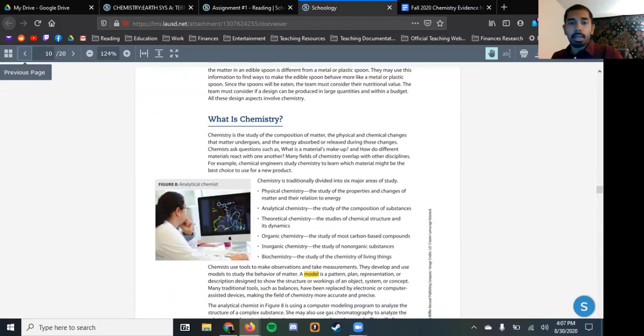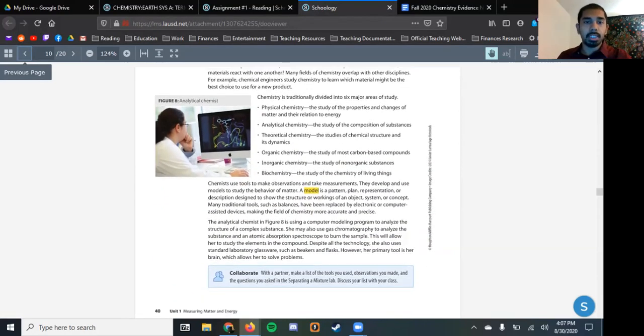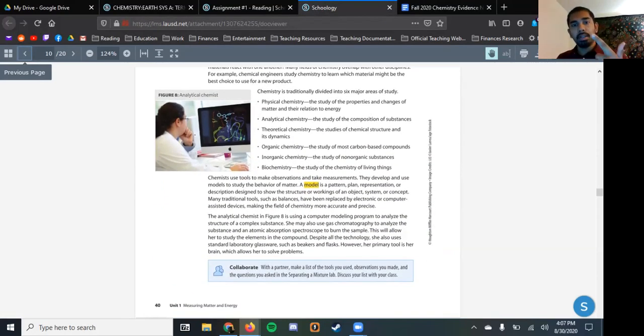Now, we have those 6 different versions of chemistry. We have physical chemistry and analytical chemistry. Those 2 are typically graduate level chemistry classes. Theoretical chemistry, which I assume a chemistry major would cover. We have organic chemistry and inorganic chemistry, which is something a bio major in undergrad would cover, and biochemistry, which is kind of the newest branch of chemistry.